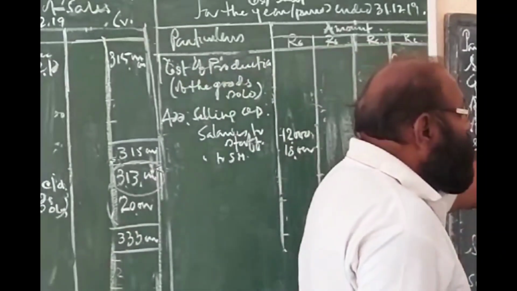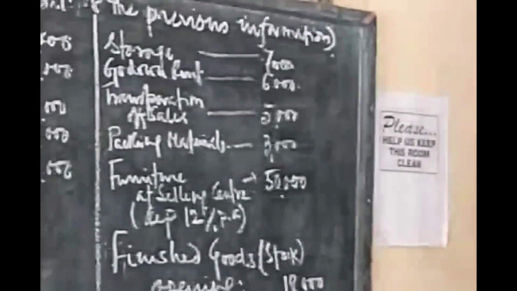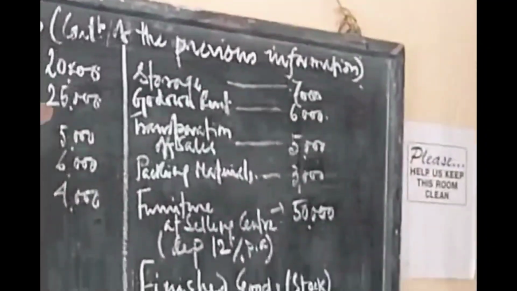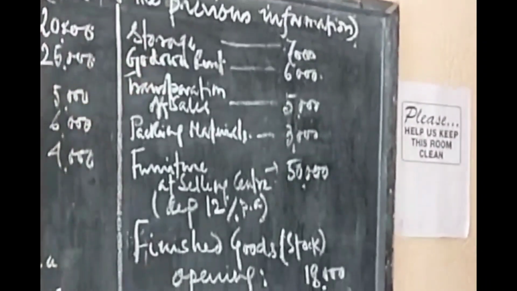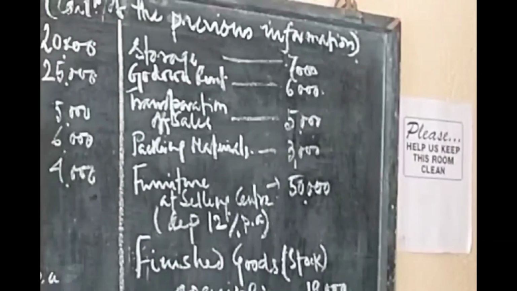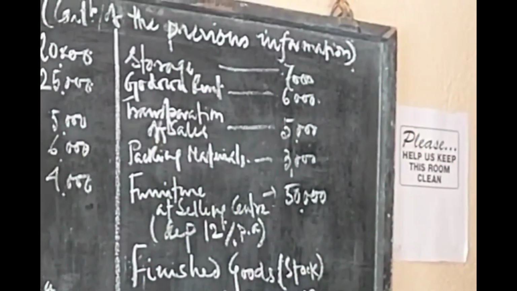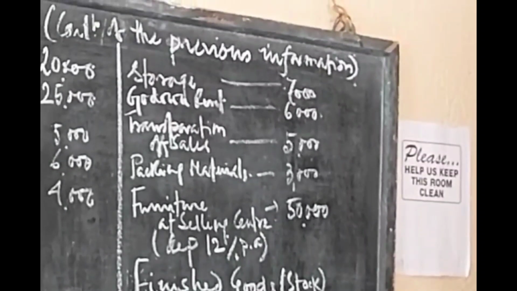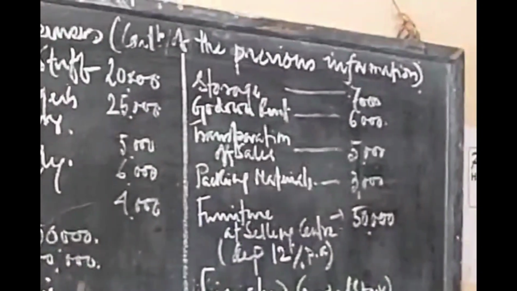What about storage? Godown rent and storage may basically come under the purview of selling expenses or also under distribution expenses. I think it is better here because storage is done for the purpose of distribution. Sale is made somewhere and distribution is done in other places, so you can consider it anywhere.